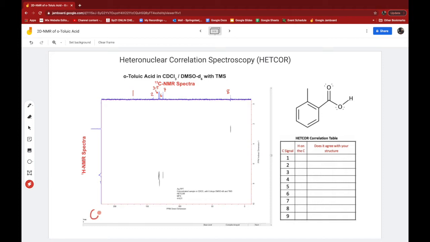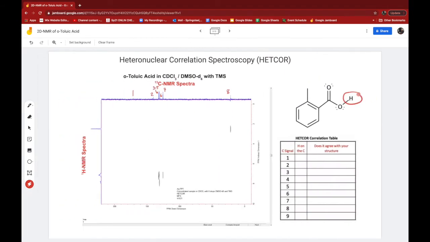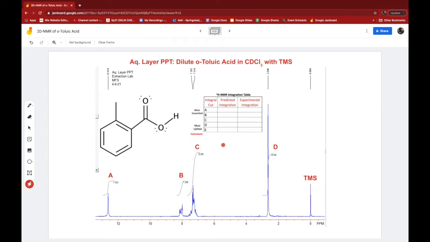The reason why I cut it off is actually, I can show you here. This hydrogen is not on a carbon, it's on an oxygen, so it doesn't have a correlation like this. So I didn't see a correlation, and when I cropped in, I think it auto-cropped around here. I should have zoomed out and gotten that. My bad, but that's okay. So I won't have an A signal to label.